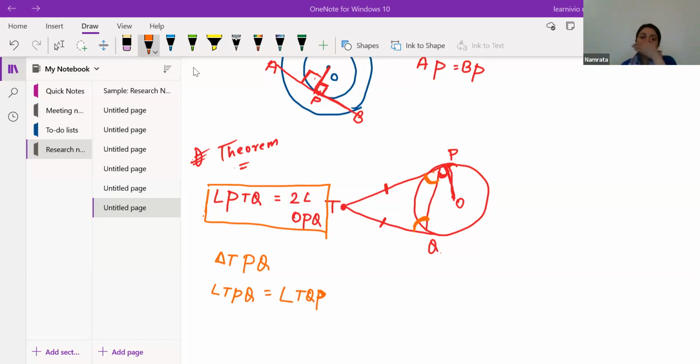So I was saying that if we focus on triangle TPQ, can we say it's an isosceles triangle where TP is equal to TQ? And since it's an isosceles triangle, opposite angles must be the same, right?